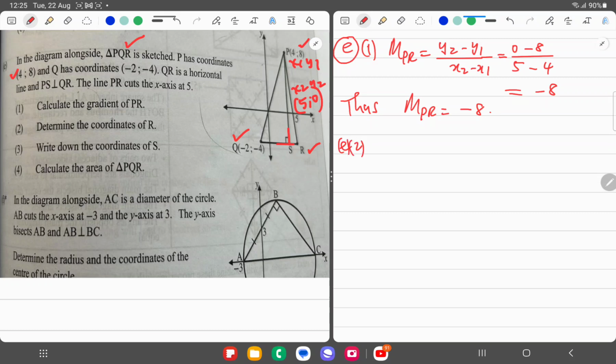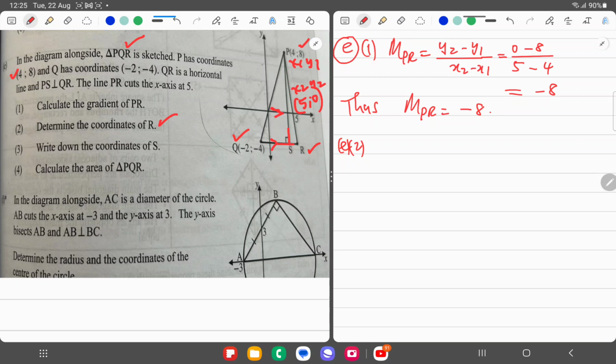We need to determine the coordinates of the point R. First and foremost, realize that the line PR cuts the x-axis at 5. We can see QR is a horizontal line, and the x-axis is horizontal, so the line QR and the x-axis are parallel to each other.